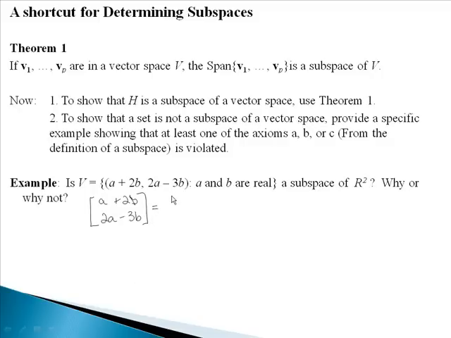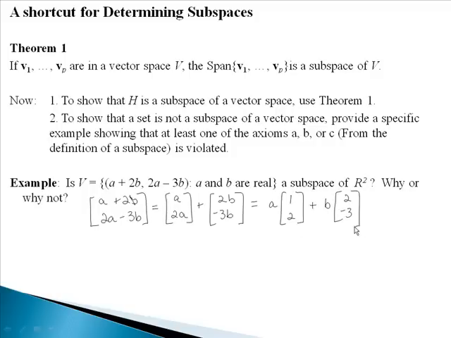Now I can split that up to being A and 2A plus then 2B and negative 3B. And now I can factor out an A out of the first vector, and I have 1, 2, plus B out of the second vector, and I have 2, negative 3.